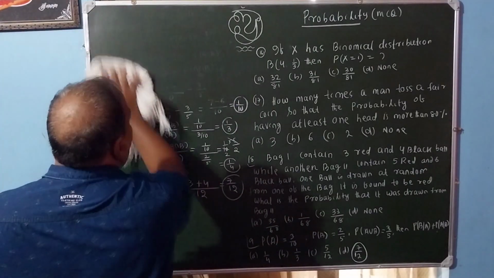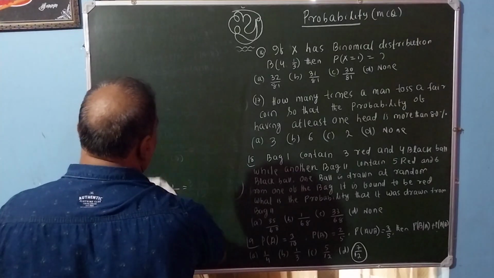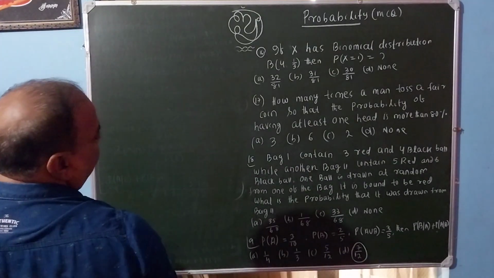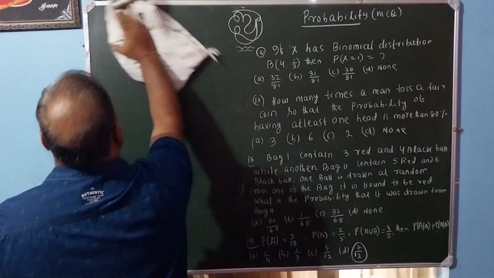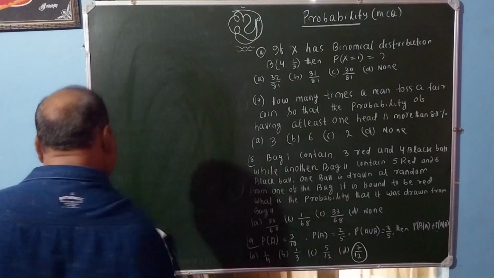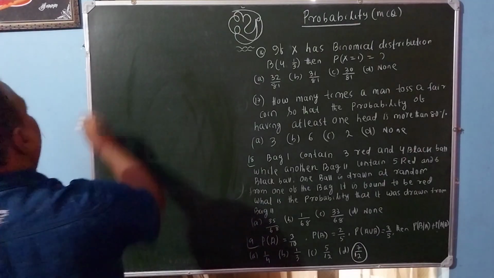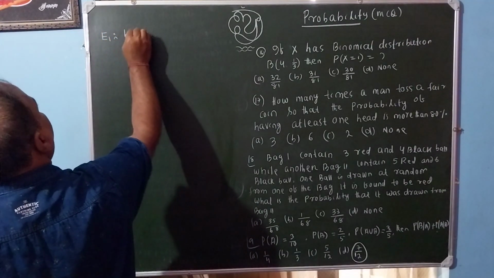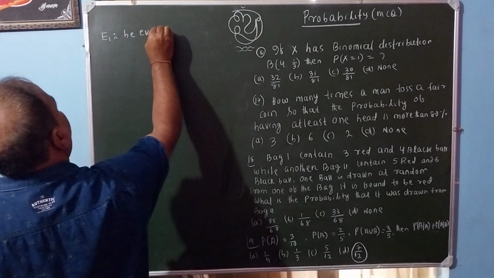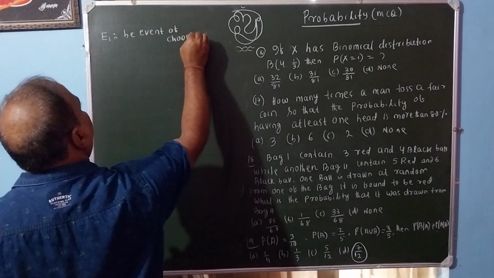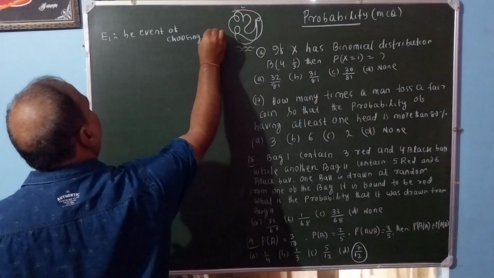Write down question number 18. Bag 1, bag 2. There are 2 bags. How can you do it? Write down the answer. Let E1 be the event of choosing bag 1.